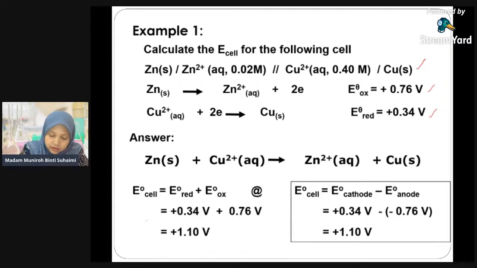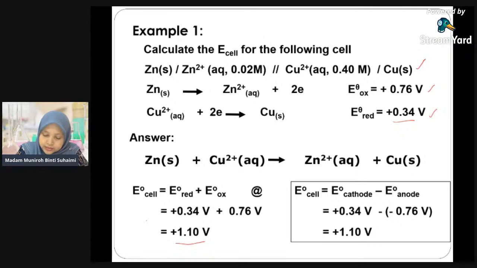If we use the first formula, E0 reduction of copper is positive 0.34, plus the value of E0 oxidation of zinc, which is positive 0.76. So we will get E0 cell of positive 1.10 volt.